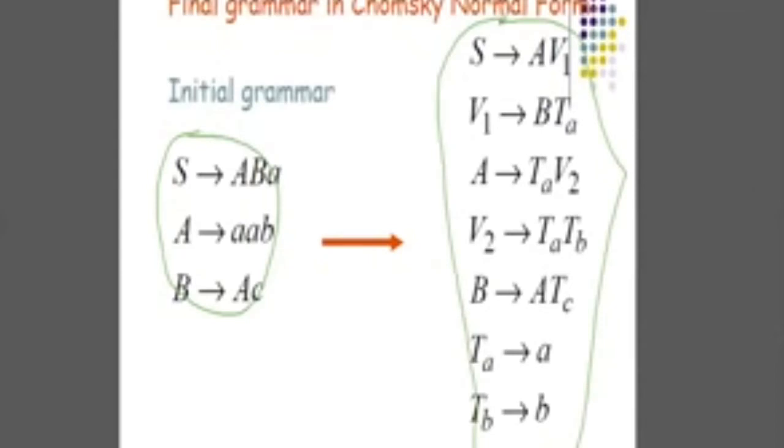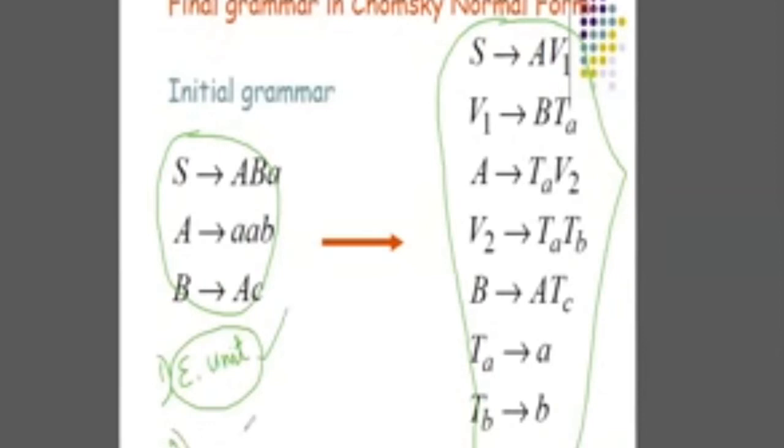So in the conversion process, we can get a few things from here. What is it? First one, for any grammar, if it consists of epsilon production, useless production, or unit productions, first you have to eliminate these productions from the given grammar, that we have seen in the last classes, how to eliminate epsilon production, how to eliminate unit production and useless productions. So after eliminating this, you have to perform these particular steps.